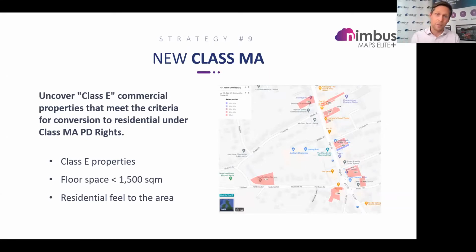In essence, it picks out the Class E use. It then looks at the floor space and says, is that smaller than the maximum that the new Class MA permitted development rights, or prior approvals rather, allow you to do now? It then filters based on size, so it's smaller than 1,500 square meters, adds a residential field to that location, then checks whether the property is listed or is Article 2.3 land and removes all of that from the search.